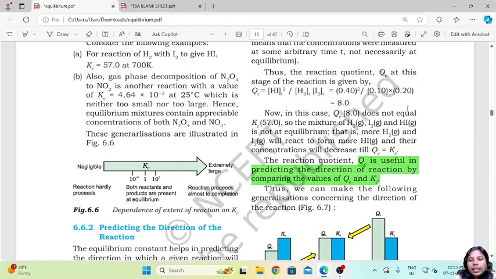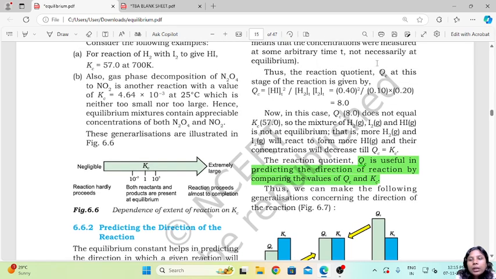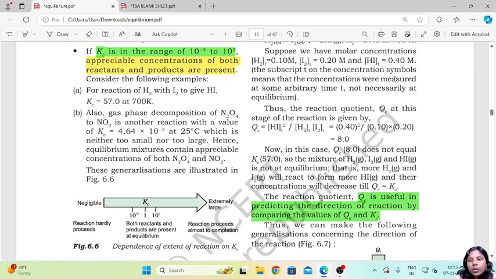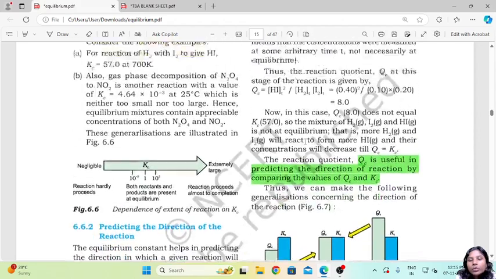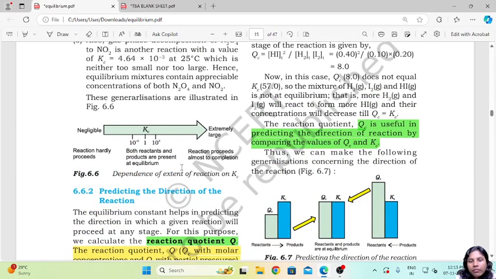So in this case Qc does not equal Kc, and the mixture of H2, I2 and HI is not at equilibrium. That is, more H2 and I2 will react to form hydrogen iodide, and their concentrations will decrease till Qc becomes equal to Kc. Okay, so they will go on changing till both of them come to the same value.